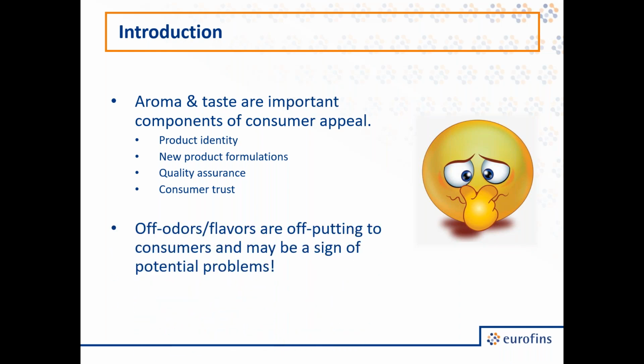So when a product develops an off-odor or off-flavor, this can be very detrimental, as they can be off-putting to consumers and can prevent repeat purchases. In addition, they may be a sign of potential problems, that is, there's an underlying issue that's causing this off-odor or off-flavor.